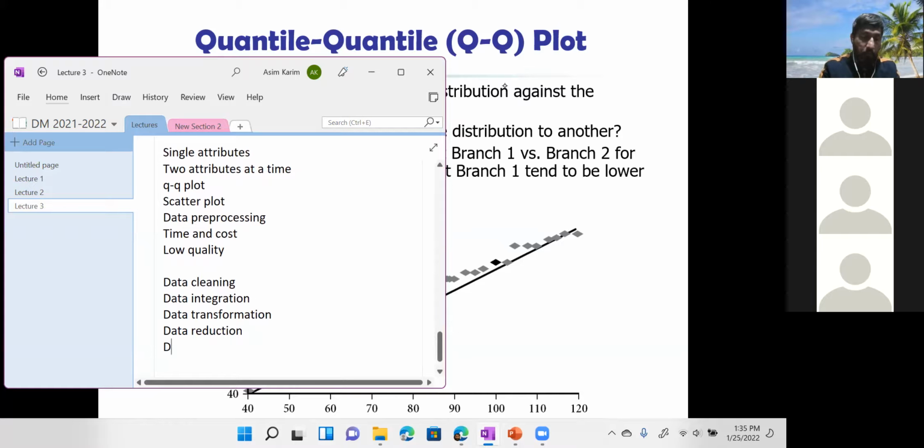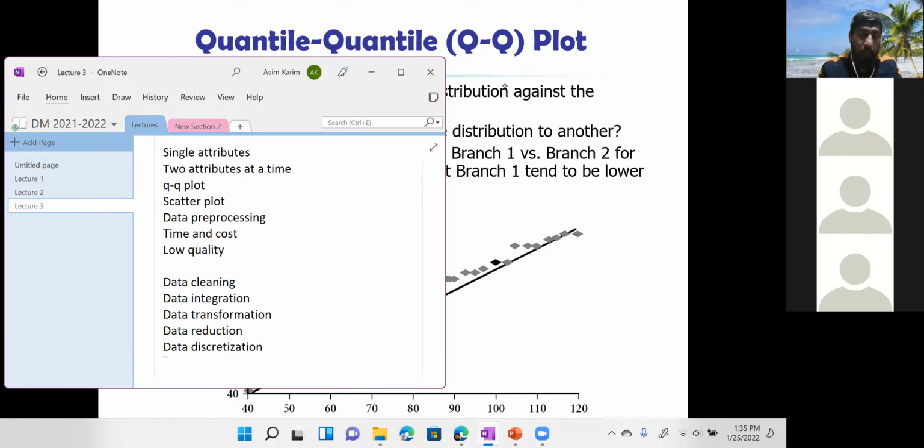And you might have one more category, which is called data discretization. This typically applies to numeric data sets, and you want to convert them into categorical data sets. So you can do this using data discretization.